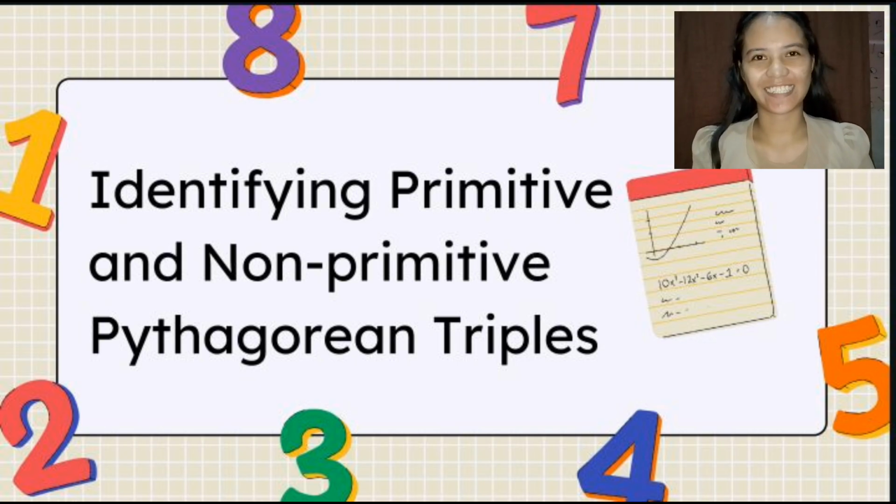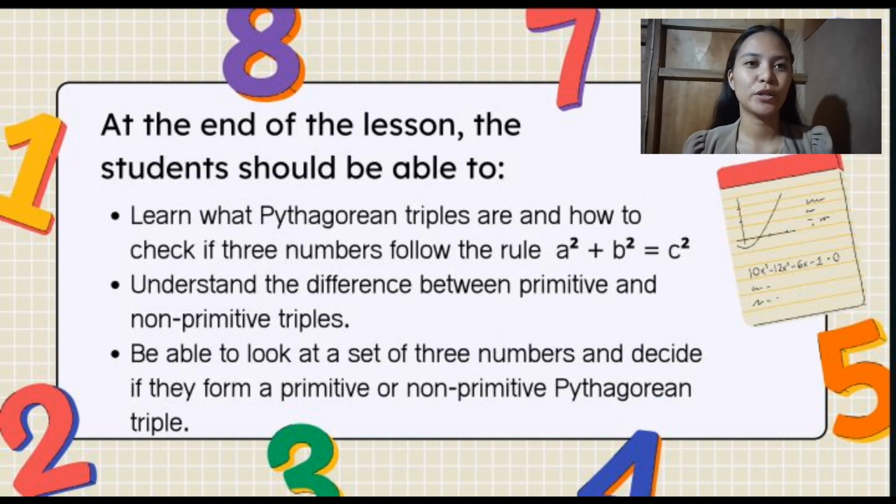Now let's get started. So here are our learning objectives. At the end of the lesson, the student should be able to, first, learn what Pythagorean triples are and how to check if the three numbers follow the rule a squared plus b squared is equal to c squared.